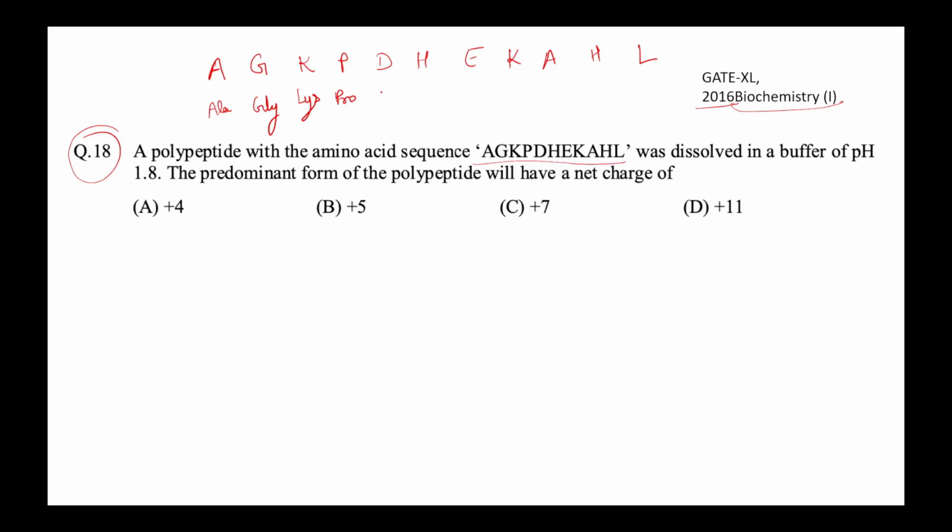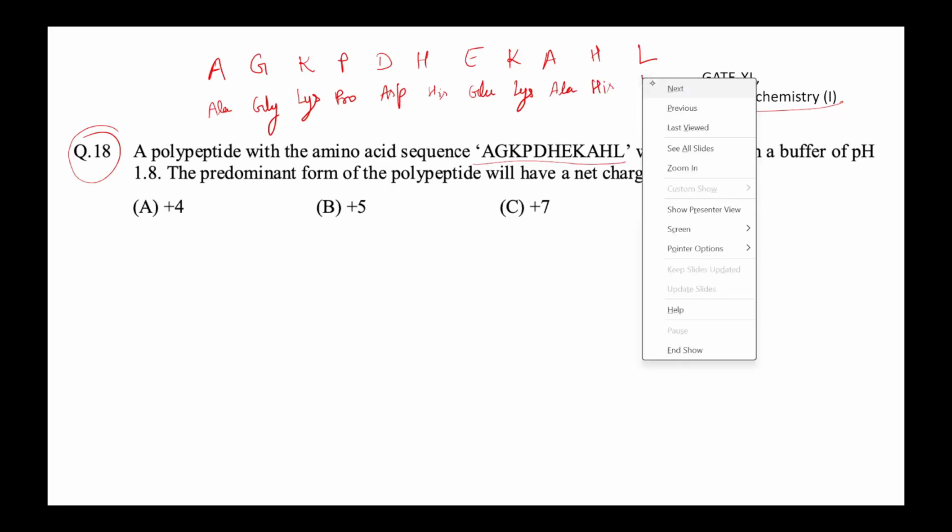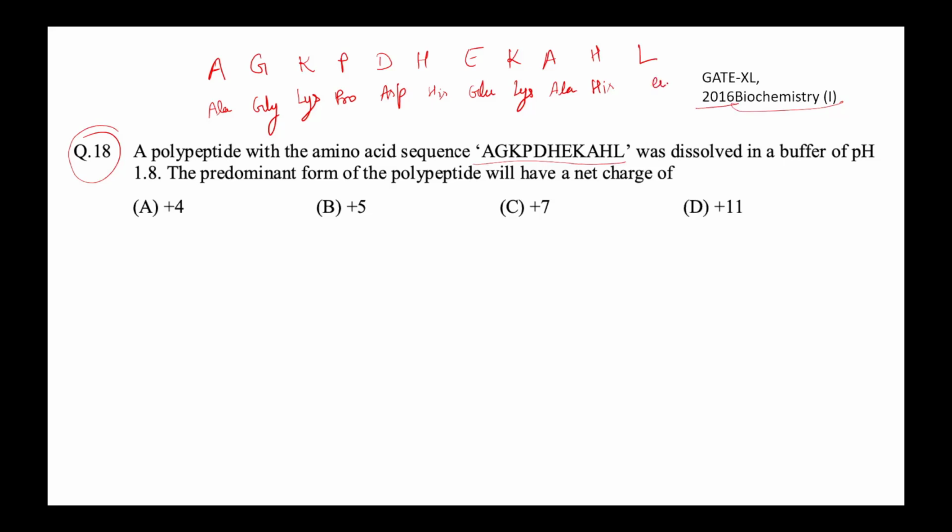D is given for aspartate. H is given for histidine. E is given for glutamate. K is again for lysine. A, alanine. H again for histidine. L is for leucine.